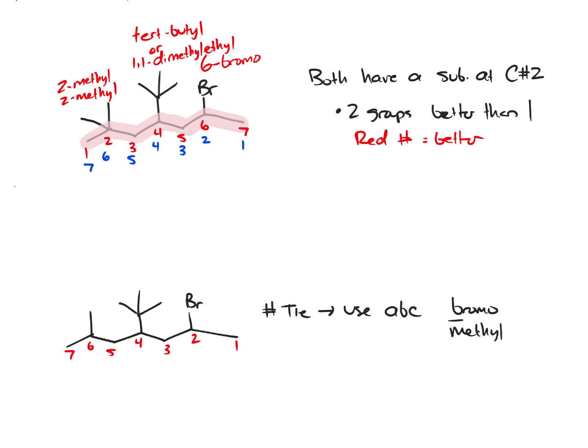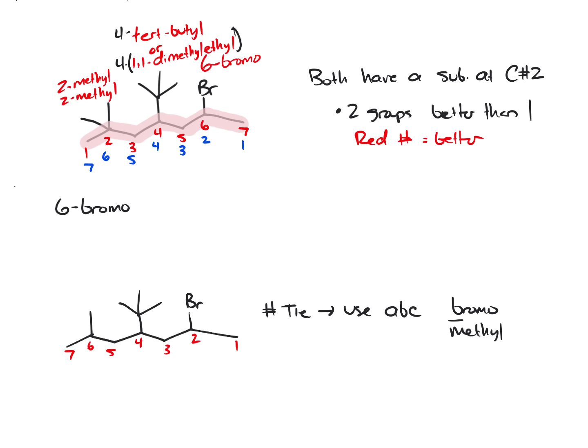So let's alphabetize these. The bromo comes first. You will have to specify where it is on the parent. So we do our 6-bromo.